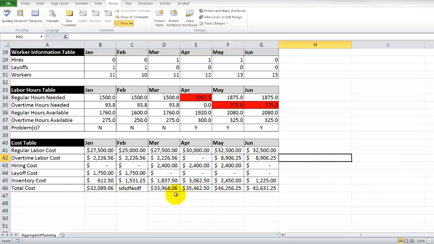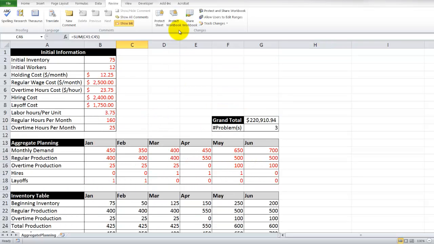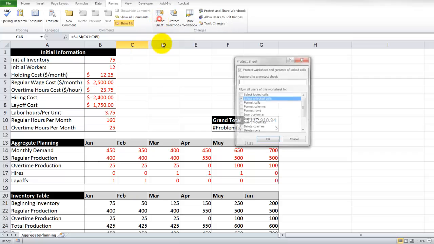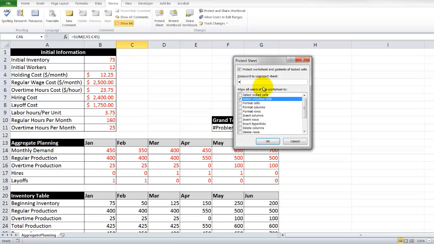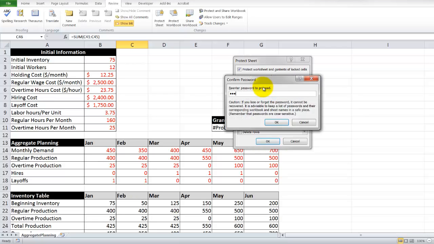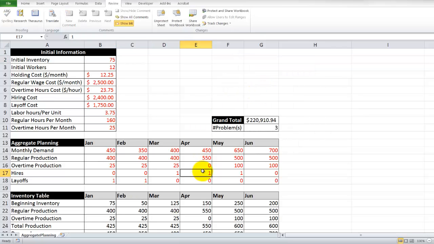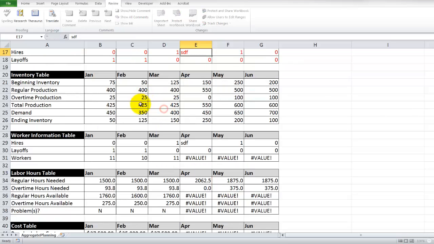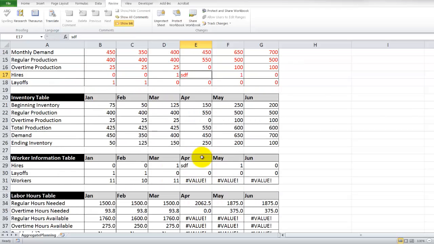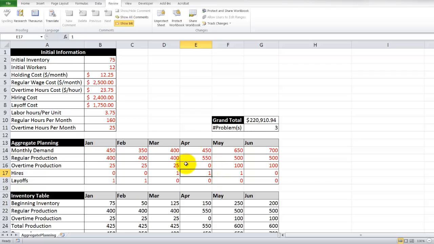Well, that's allowable in this state. But if I hit undo, and I don't want that to happen, I can go back to protect and protect it with the password OUMBA. And now that won't happen. I'm typing gibberish here, and actually it directed me to a cell that I could change, so that's okay.